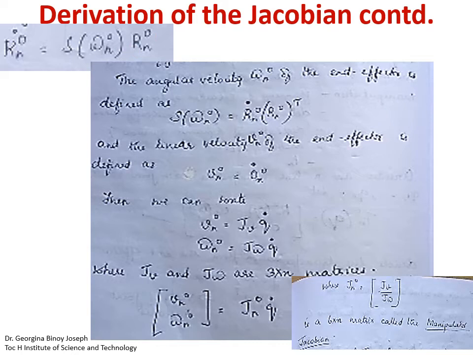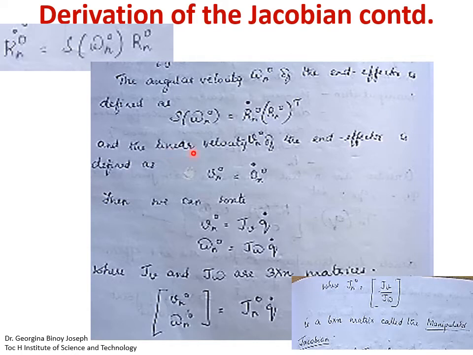Why Rn0 transpose? Because we know that for rotation matrices, Rn0 inverse is the same as Rn0 transpose. So S(omega n0) is equal to Rn0 dot into Rn0 inverse, which we can write as Rn0 transpose. This gives me the angular velocity relationship.